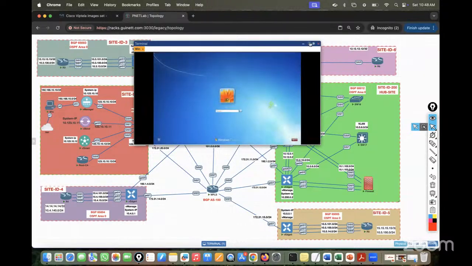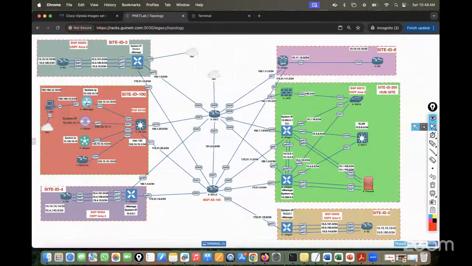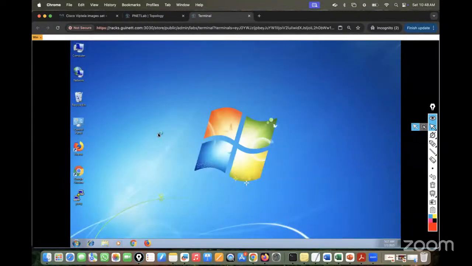Here you see this computer, which logs into our vEdge router. vEdge is a controller, not a router. We'll see some graphical interface, and on it we'll try to explain some relevant concepts, so that you sync up what is written in the document with how the concept looks in the GUI format.